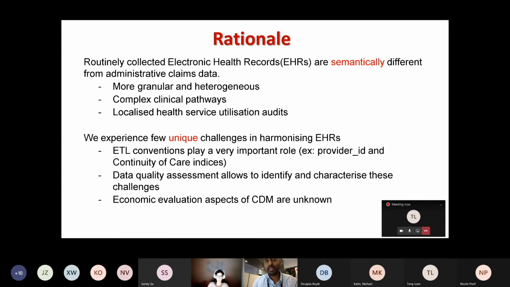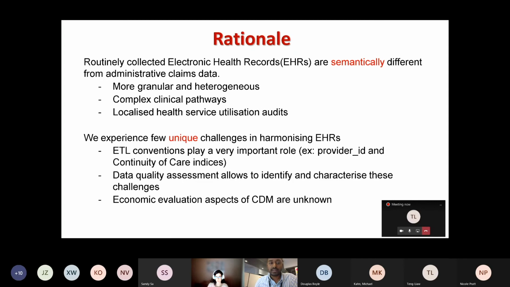But often in the claims dataset, you would only find it as pancreatic cancer. So that's the complexity and granularity we're dealing with in electronic health records. It really depends on the sort of research questions you're asking.